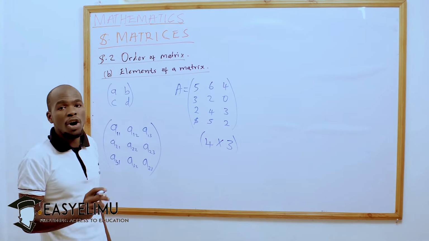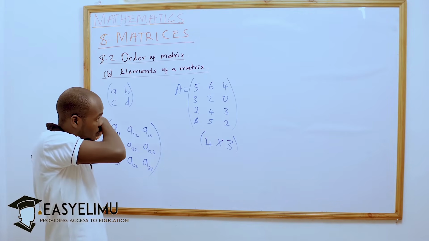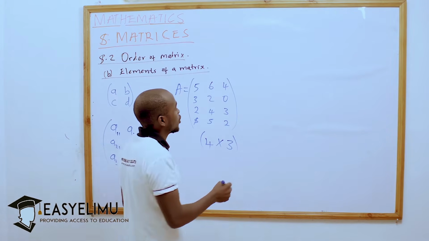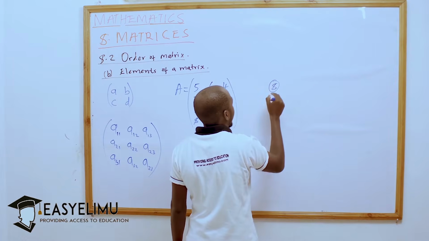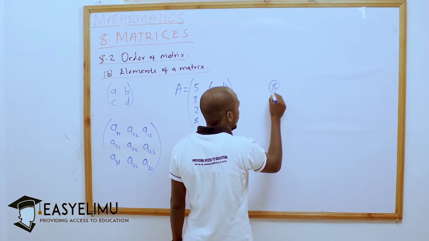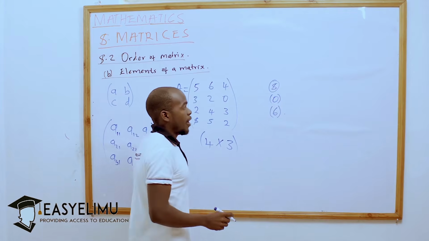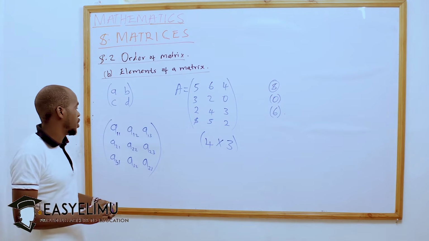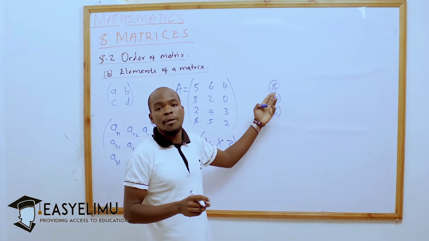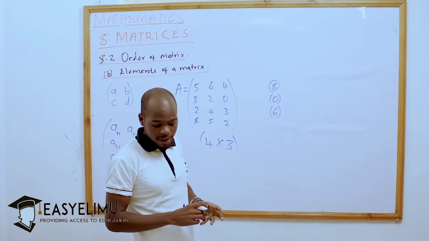So meaning that its order is 4 by 3. Then I want you to give me the position of element 8, the position of element 0 and also the position of element 6. Using the same information which we did here, I want you to give out the position of element 8, element 0 and element 6.